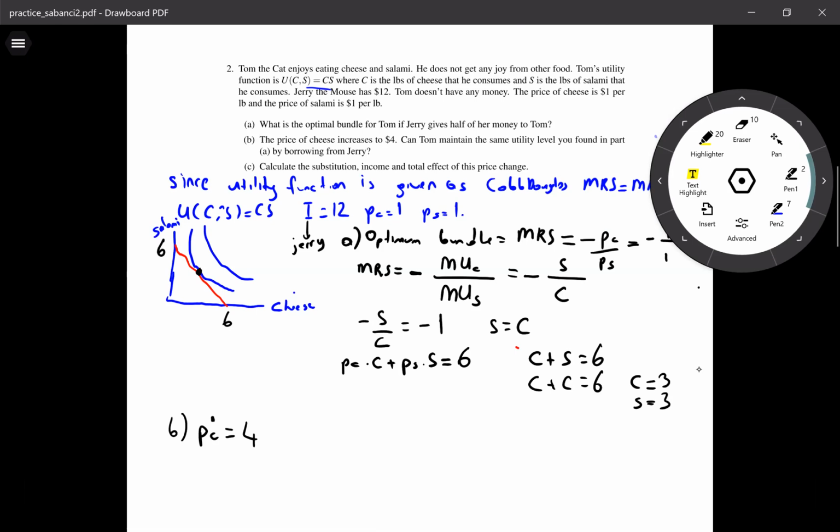Let's first find the utility of Tom. In part A, it is 3 times 3, which is 9.